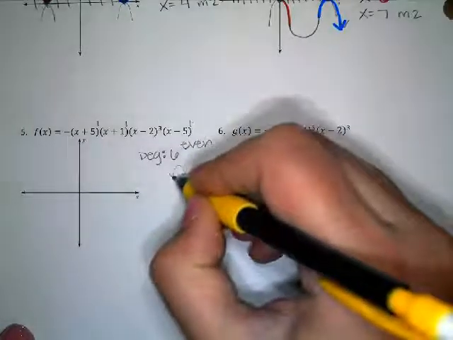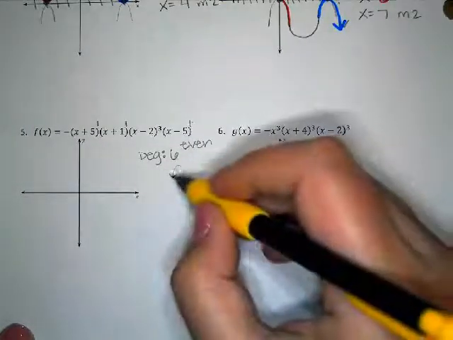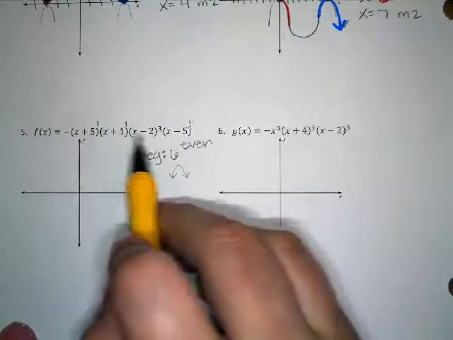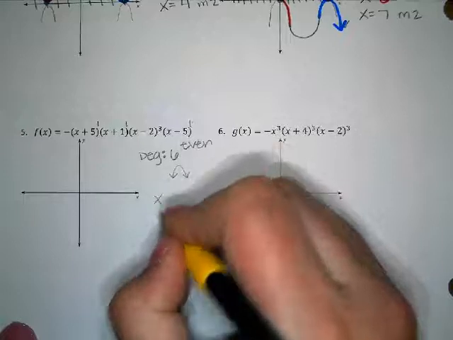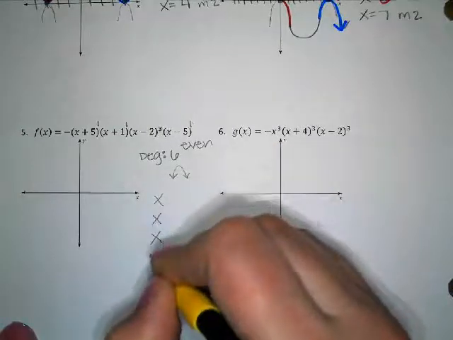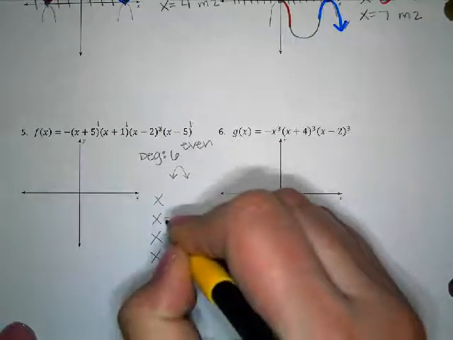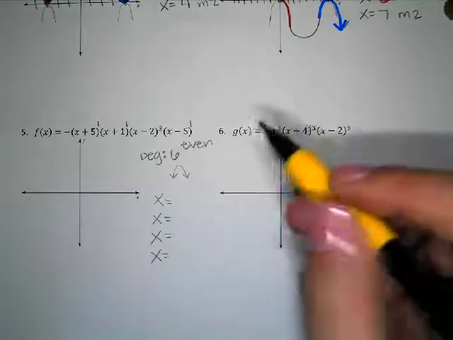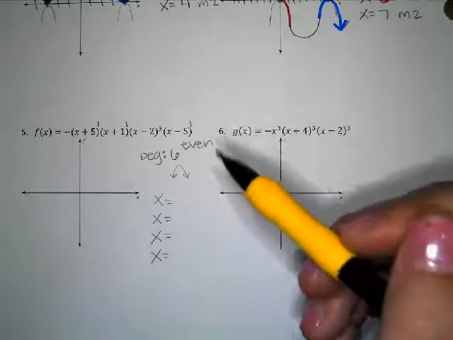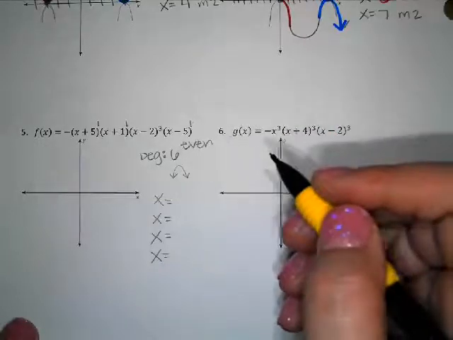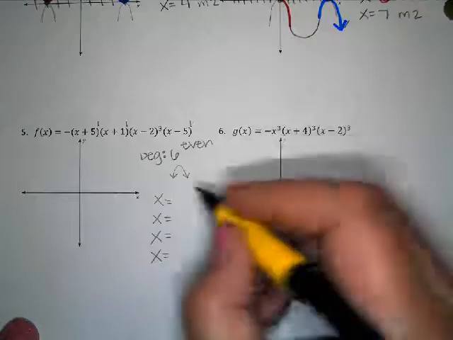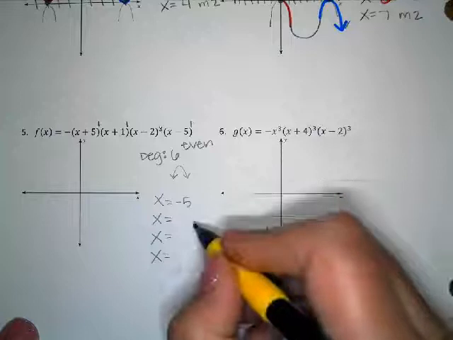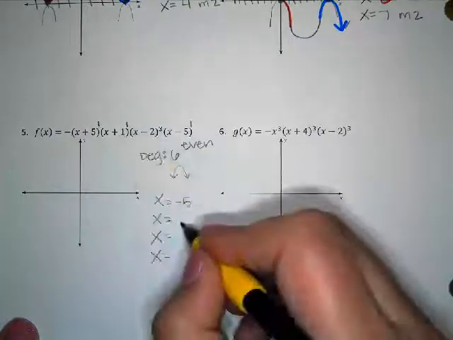And then we have 4 different numbers for our x-intercepts. And you guys see what they are? -5, -1, 2, 5.